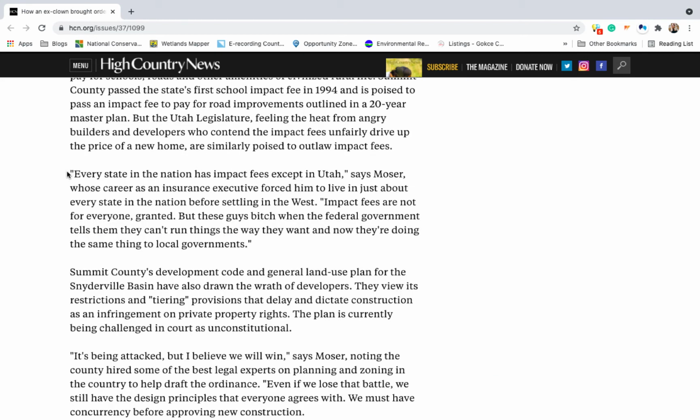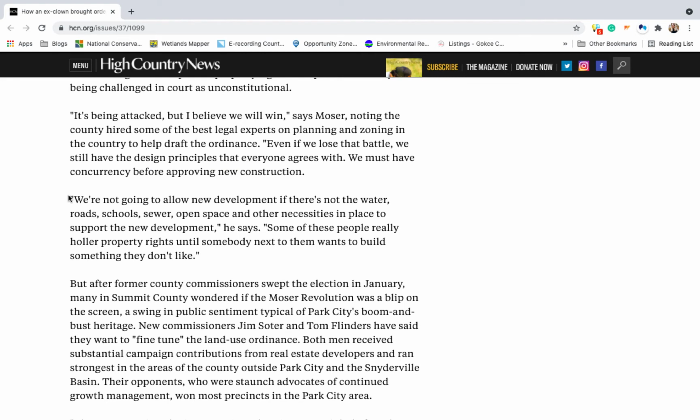At the time of Moser's appointment, Utah was the only state that did not have impact fees, and Summit County had become something of the Wild West for development, where nail pounding could be heard night and day in nearly every town. All this construction worried Moser, especially the development in areas that did not have water, sewer, roads, or schools. So, Moser proposed implementing Utah's first impact fees to pay for school and road expansion.